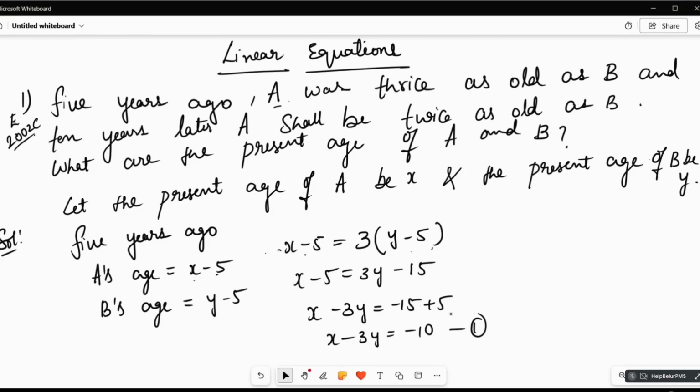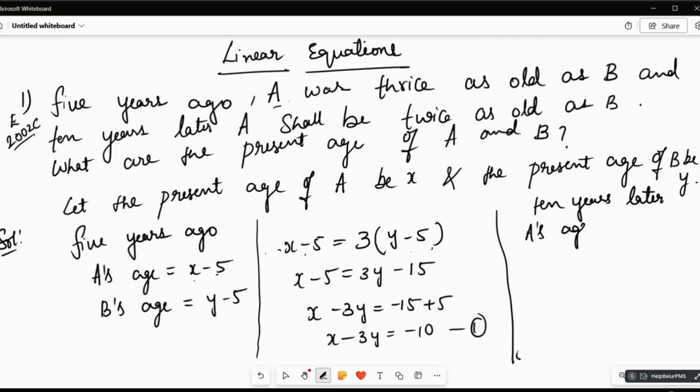Next, 10 years later, A's age will be x plus 10 because present is x, and B's age will be y plus 10.